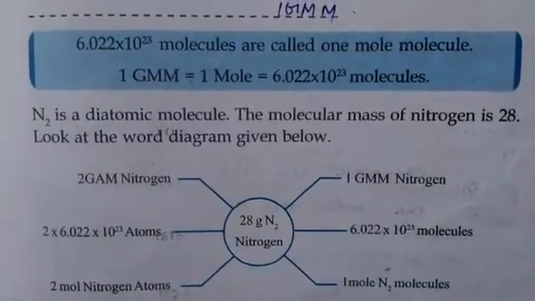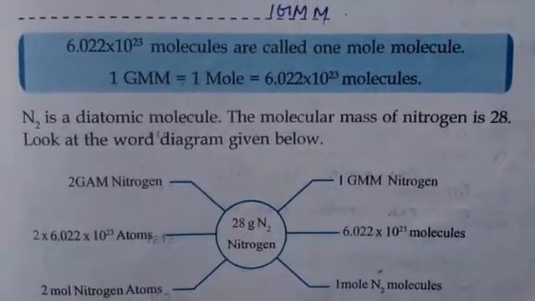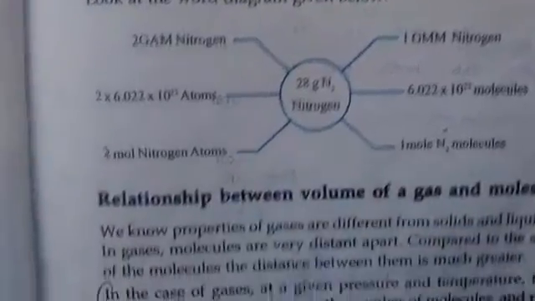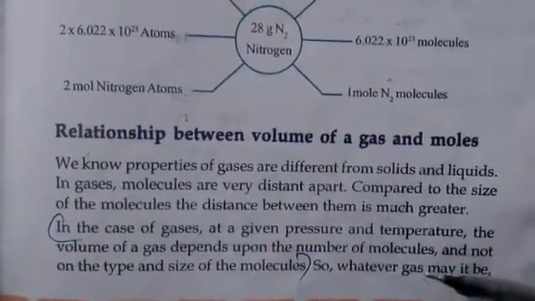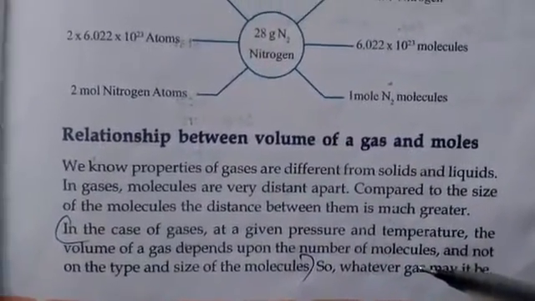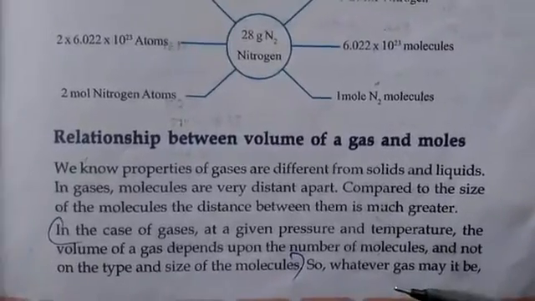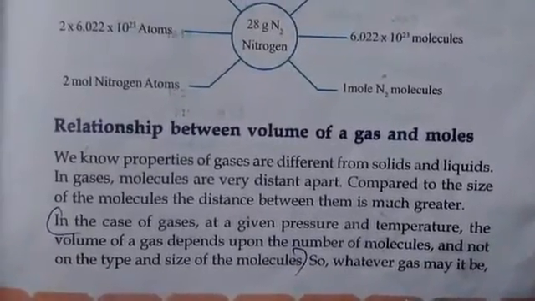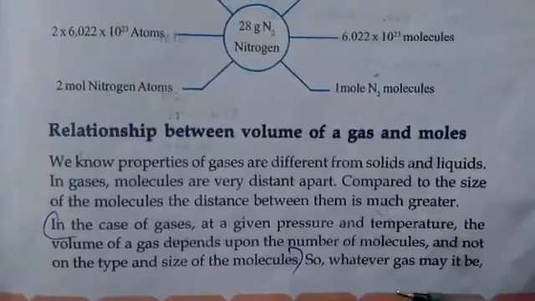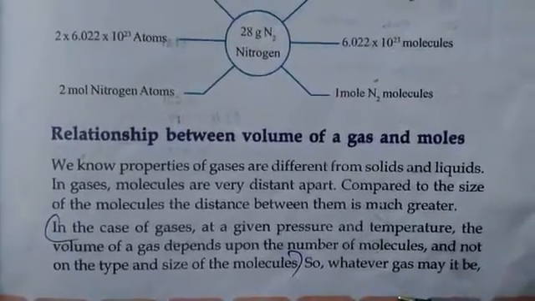Now we can see the relationship between volume of gas and moles. You have learned already in the first part of this lesson Avogadro's law. What is Avogadro's law? Volume is directly proportional to number of molecules in the case of gases.